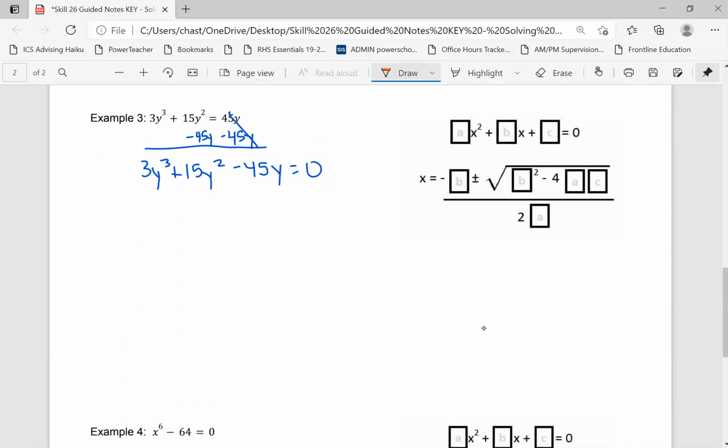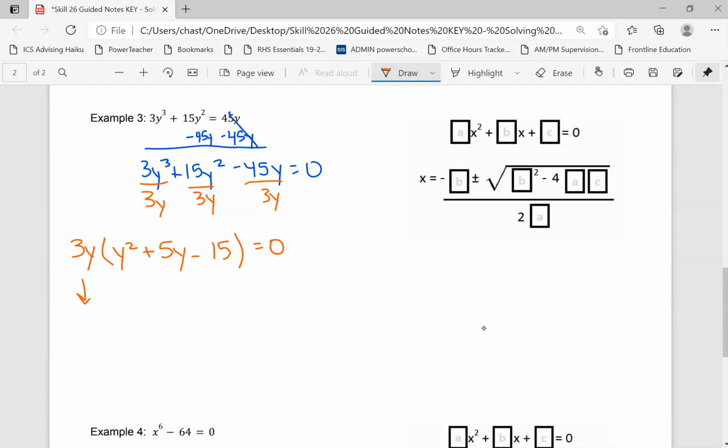Now I look for that GCF. So I can divide all three of these terms by 3y. So 3y is a factor, and we end up with y squared plus 5y minus 15. And that's going to be what we look at to solve.